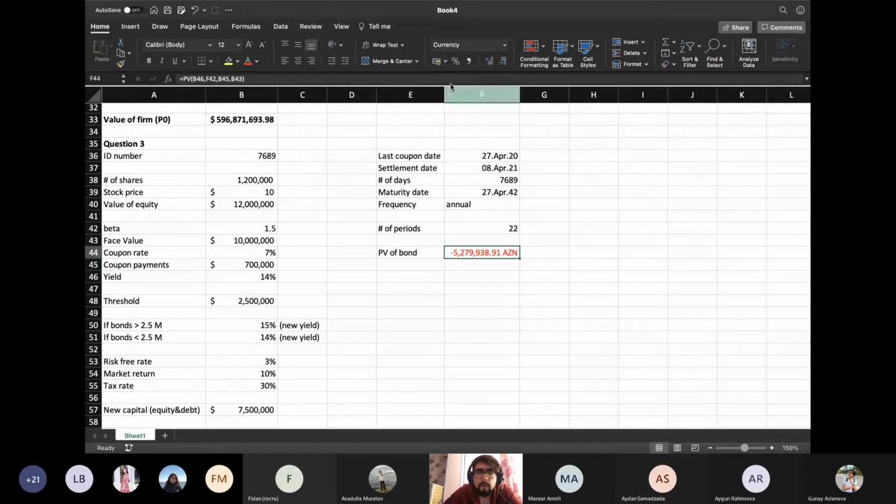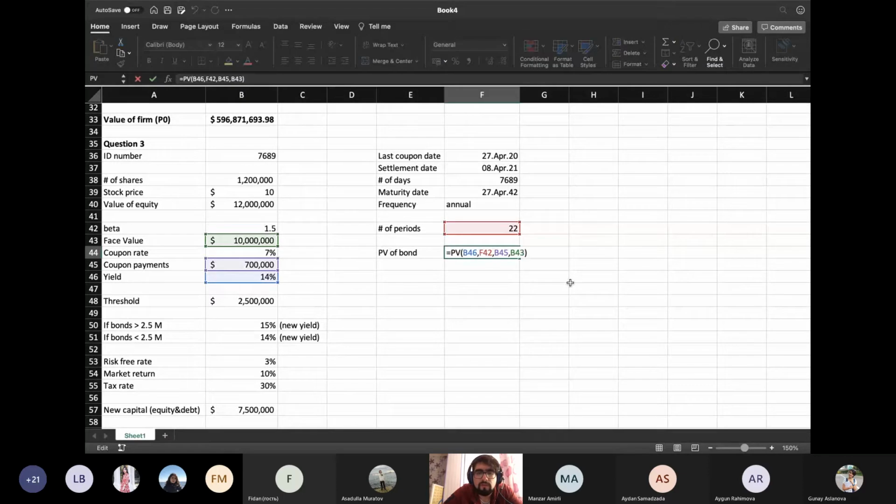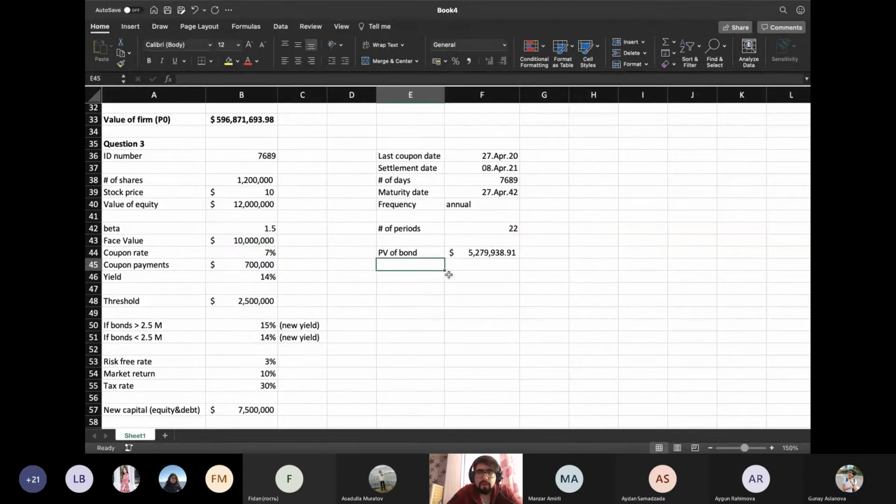This is our present value of the bond. Let me take this minus sign. Okay. This is present value. We need to find, firstly, full price. Why full price? Because the value of the company consists of two parts: debt value and equity value.